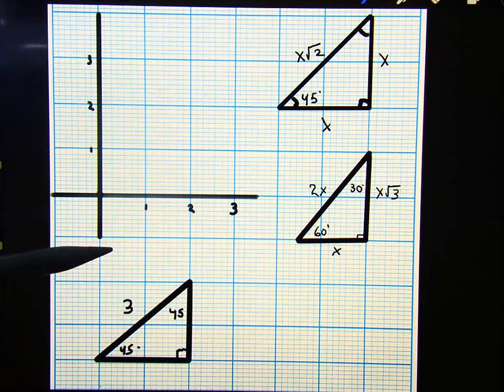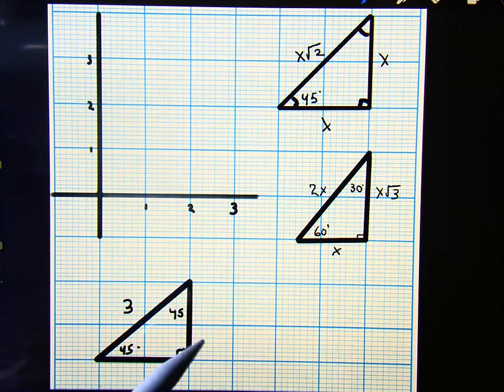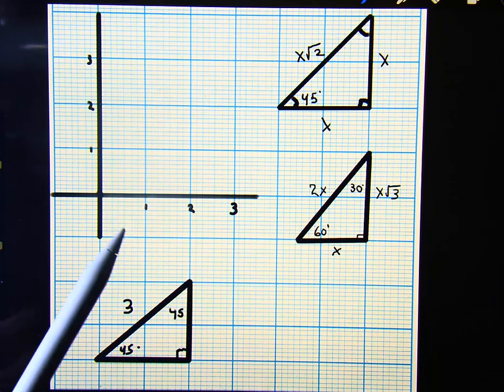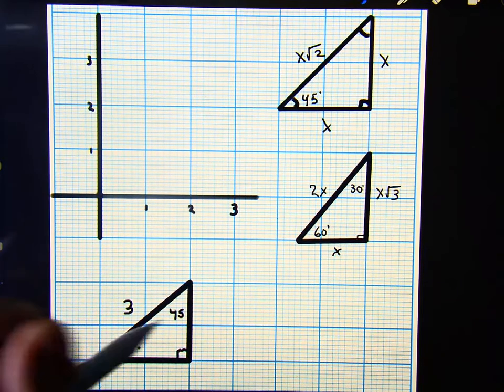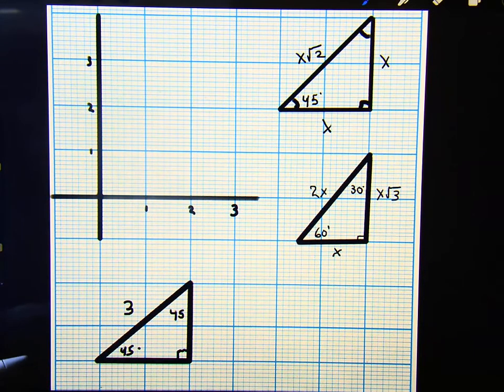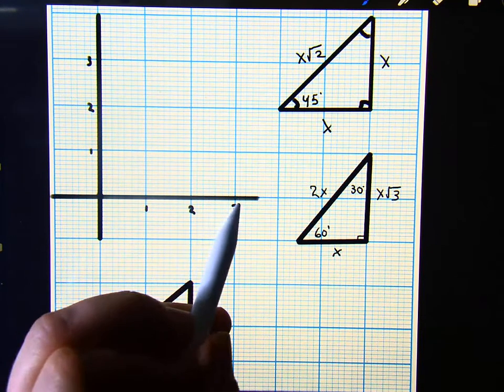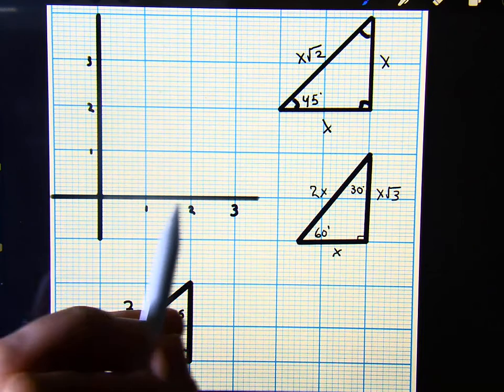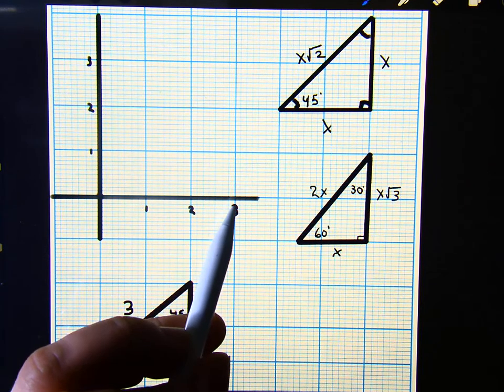We're going to start off with some basic examples just to notice the pattern and understand what's going on with the combination between the special right triangles and the unit circle. So let's say that we have a right triangle, 45, 45, 90, and it's going to have the line segment or radius in terms of a unit circle of 3.